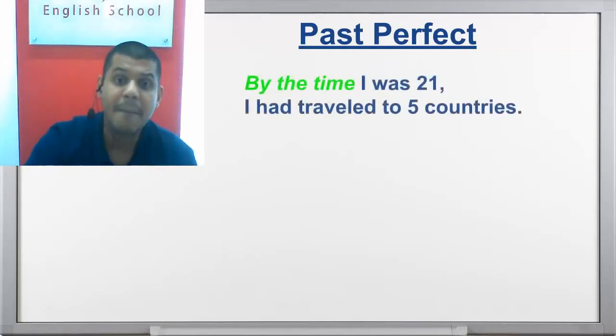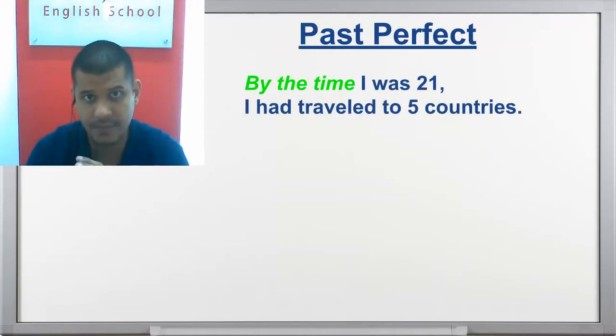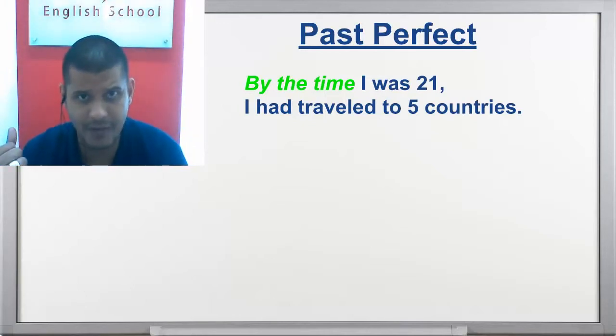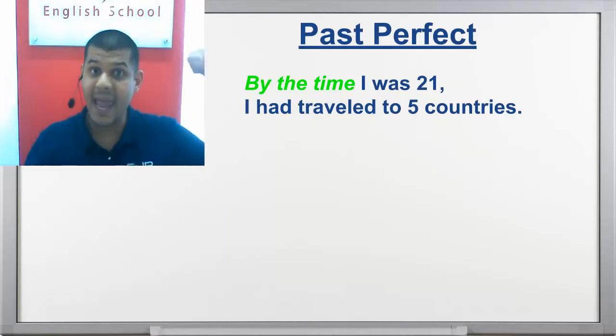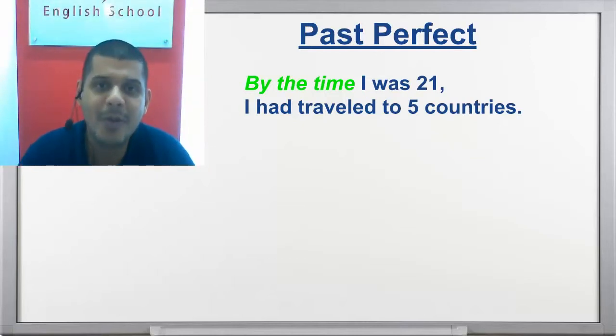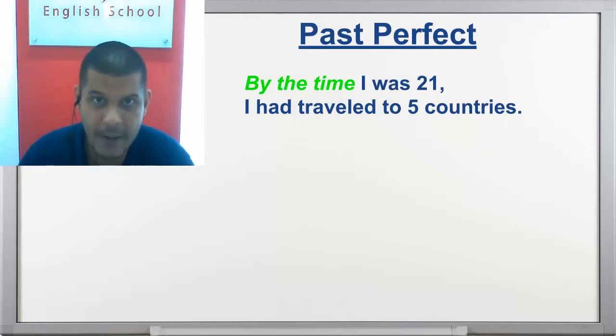First one is, by the time I was 21, I had traveled to 5 countries. By the time, it's something very similar to when. When I was 21, I had traveled to 5 countries. When I completed 21 years old, before that, I had traveled to 5 different countries, right?